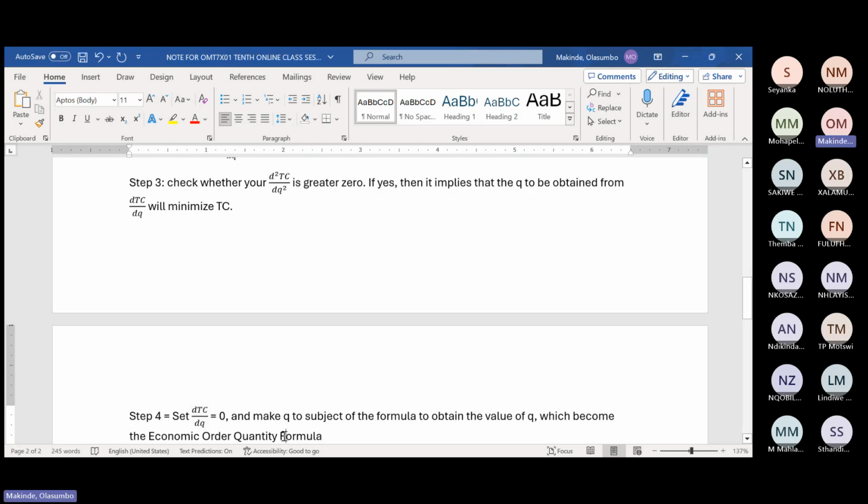Economic, which is the EOQ formula, which most of you have seen in your second year and all those. But this is how it was derived. So it becomes the EOQ.